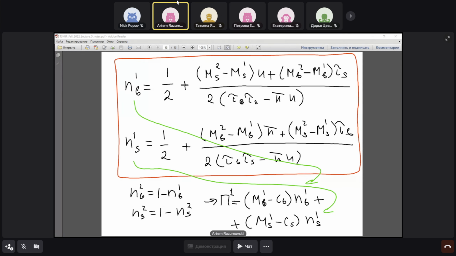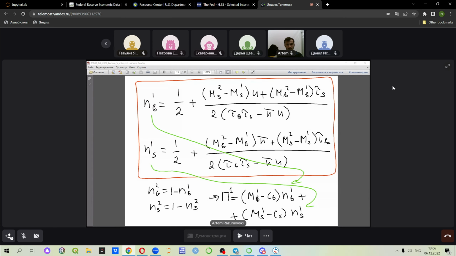Thanks. So today we will continue our model. Actually, I asked you to go a bit ahead: write down the profit maximization problem and find the best response function. I guess in the midterm, the last one, which was mentioned by Nick.